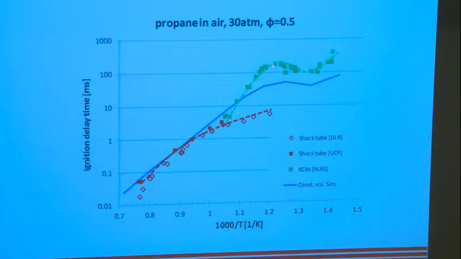So I've spoken already about the rapid compression machine facility effects. What about the shock tube facility effects? What am I talking about? So here you can see the constant volume case and the facility effect are coincident, but from about 1,000 Kelvin and below, they're not. So what's happening?